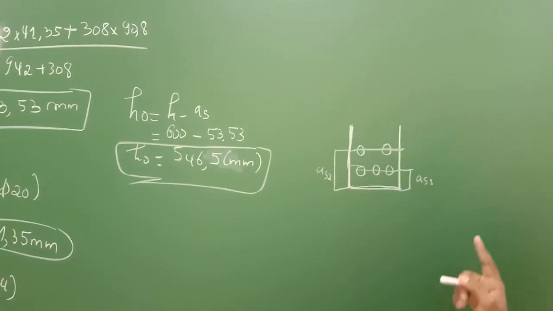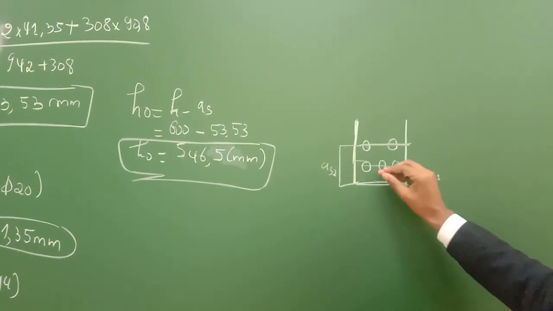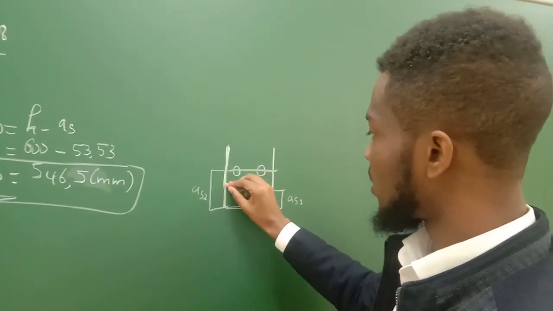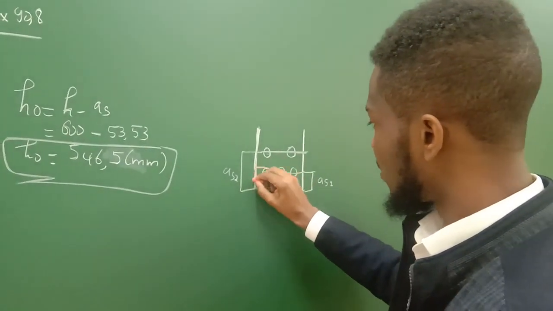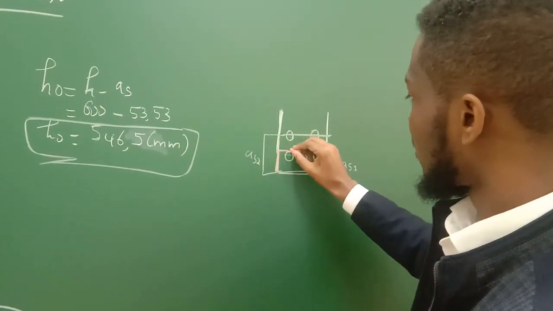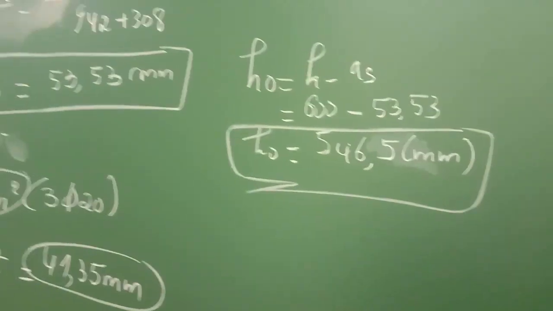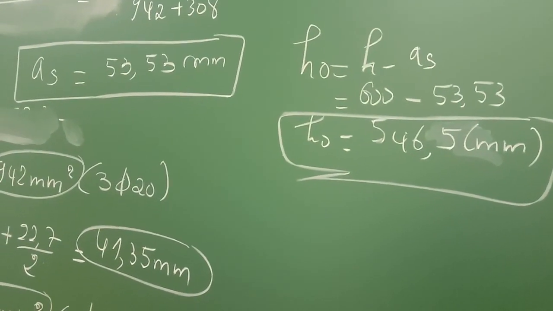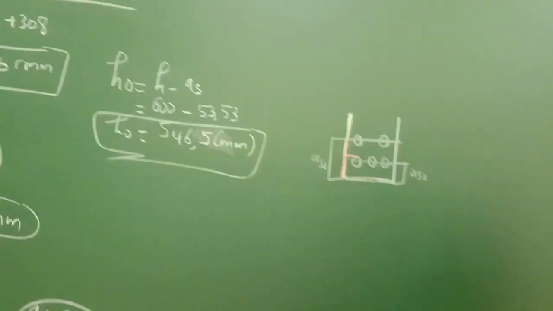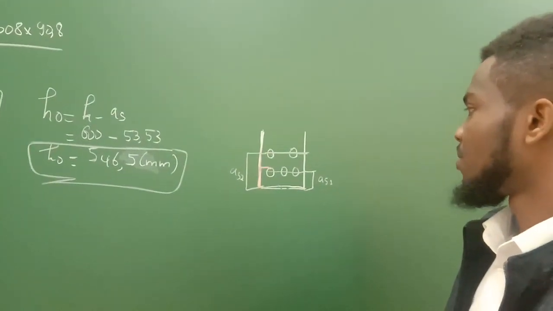For more simplification, we calculate the distance from the bottom to here. If you have already calculated here to here, you just find from here to there. Then it will be AS2. What we will do is mainly the same as what we did.